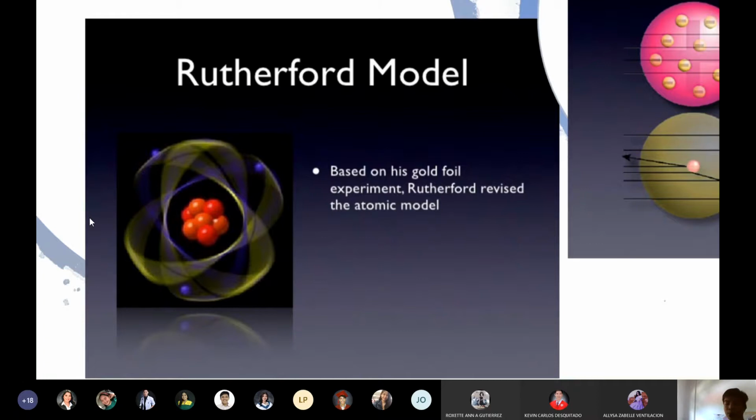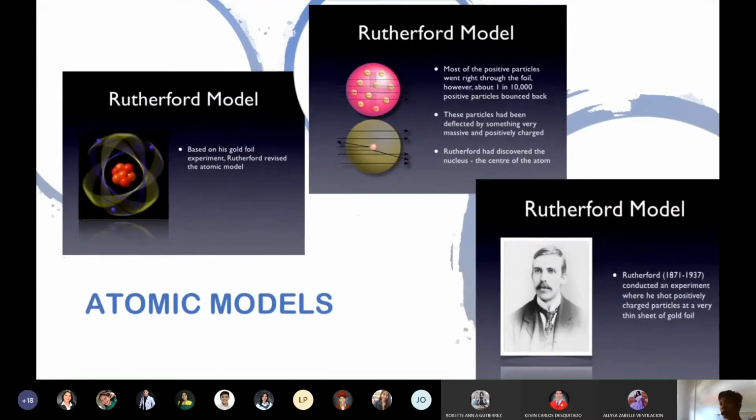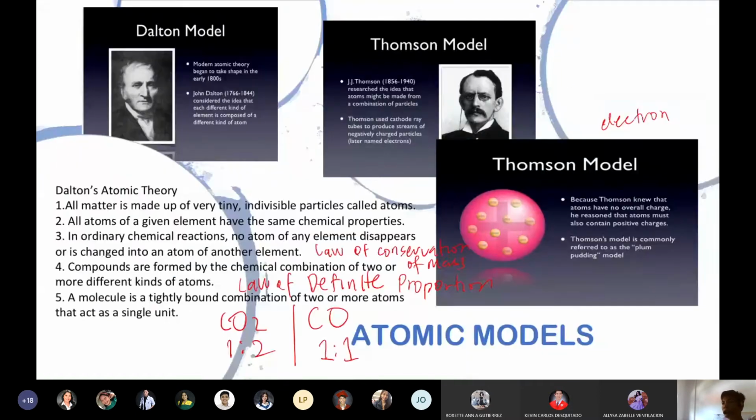Okay. This model is actually called the nuclear model. Why the nuclear model? Because this model shows that there is a nucleus in an atom, as compared to J.J. Thomson's plum pudding model, where the atom is a big particle with raisins of electrons in it.